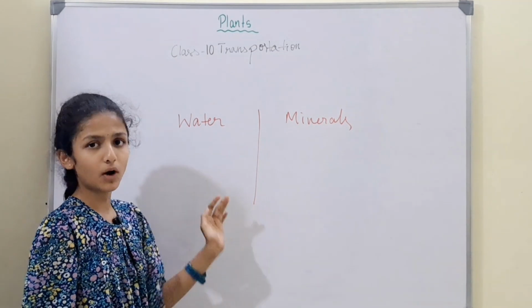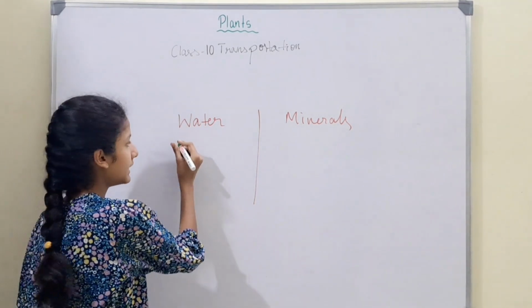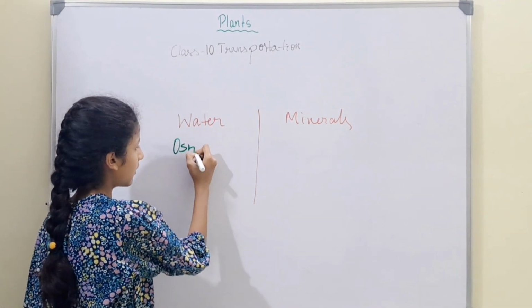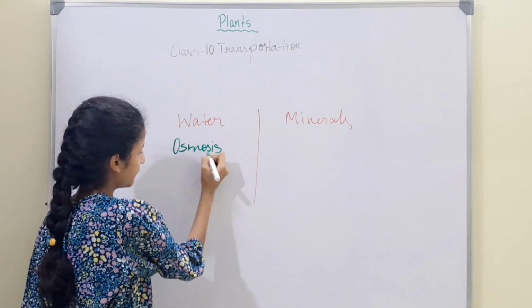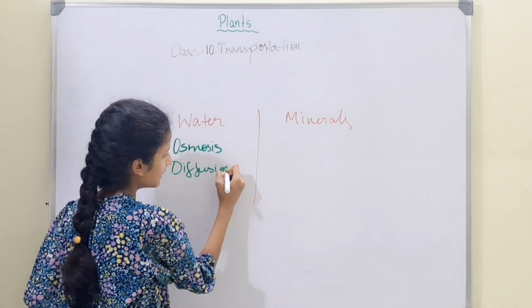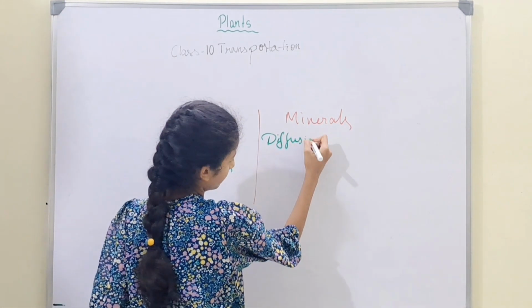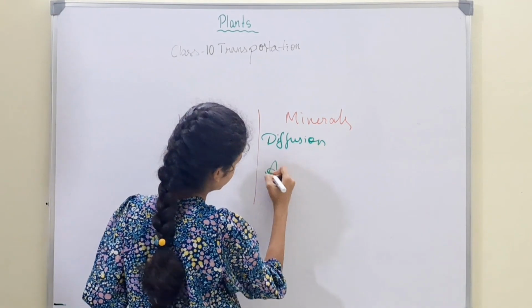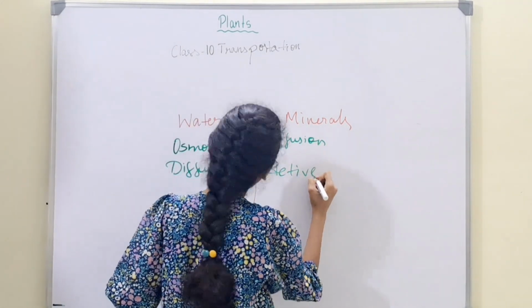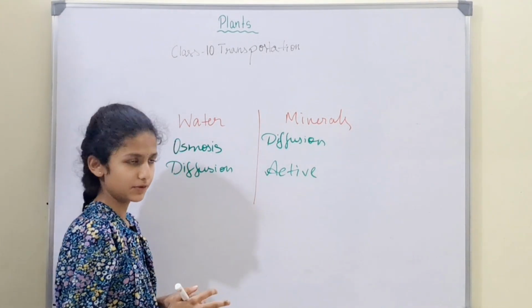First thing, how water and minerals are absorbed in the root. Water will get absorbed through osmosis and diffusion. If you see minerals, diffusion and active transport. Now what is the difference between osmosis and diffusion? What is diffusion?